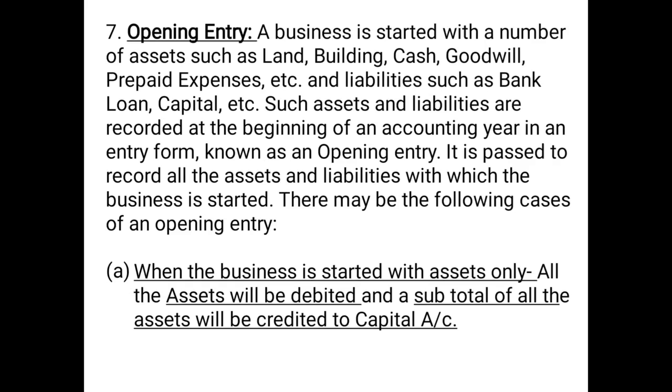But what about the credit aspect? Something has to be credited also. So in that case, the subtotal of the assets will be credited to the capital account, because we know what capital is. Capital is the amount invested in the business, and it is a liability, therefore it will carry a credit balance.